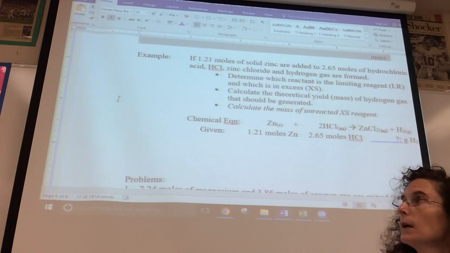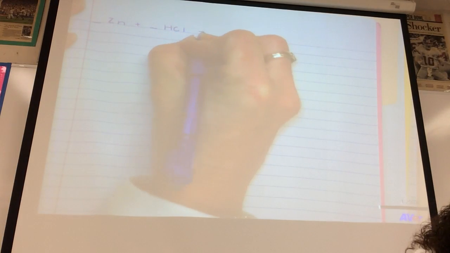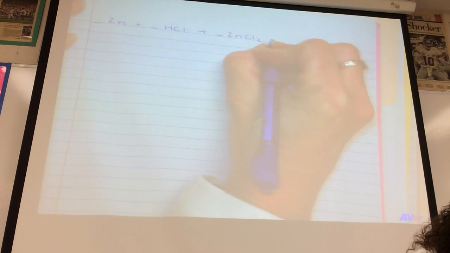So there's a lot going on here. Let's simplify. You have the balanced equation already. And so in your notes then, let me go a little bit bigger. We've got zinc plus hydrochloric acid generating zinc chloride and hydrogen gas.